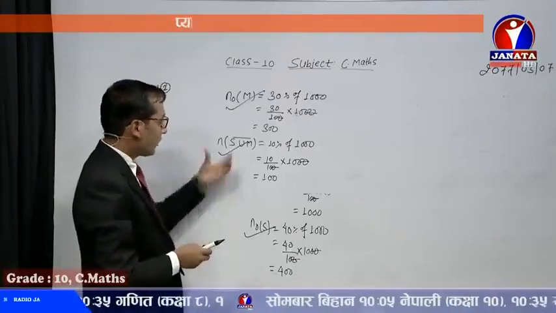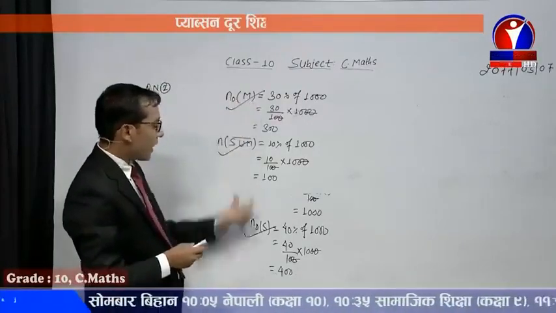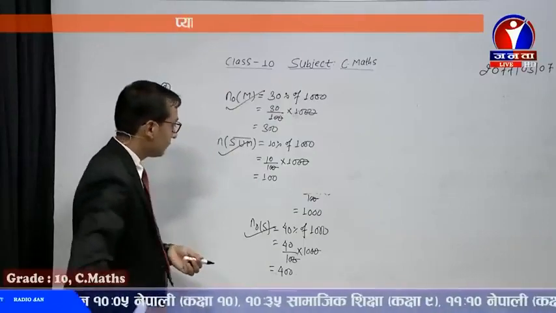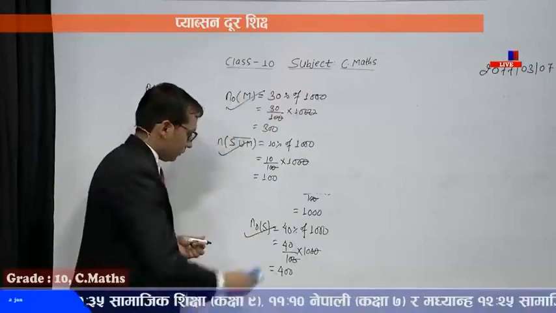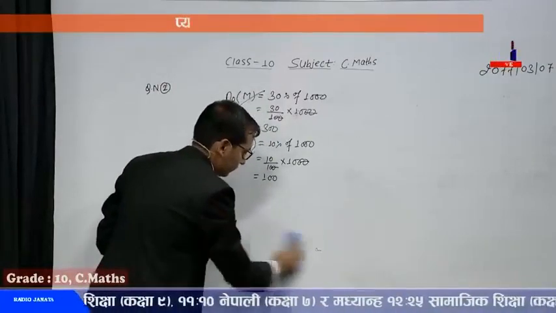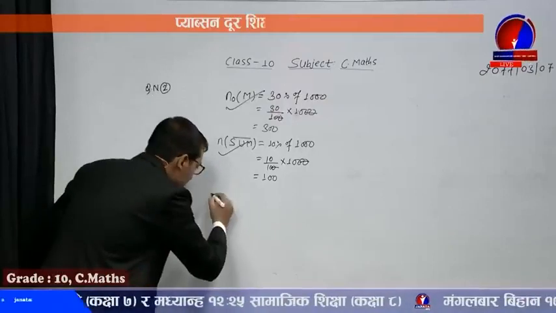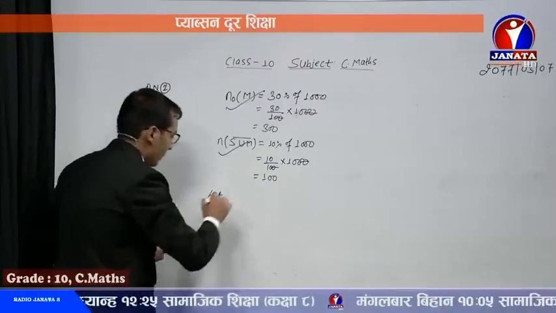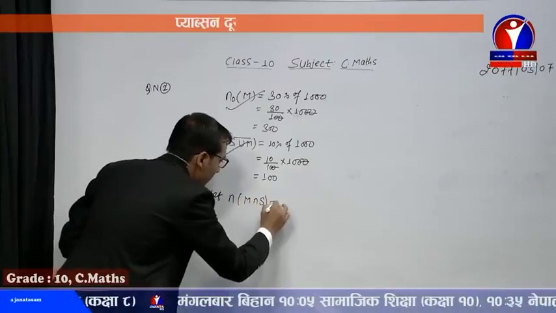Here, I'm supposing the intersection of the two subsets math and science as X. So let math intersection science be X.